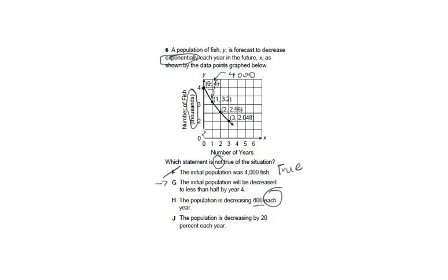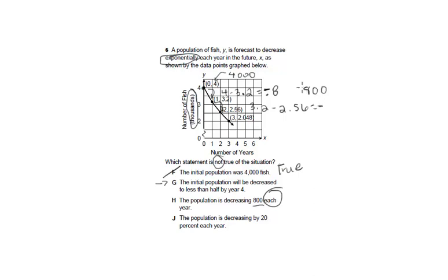So if I go from 4,000 to 3,200, remember these are in thousands, then 4 minus 3.2 is equal to 0.8, which in this case is 800. Okay, so that matches. But then if I go to the next point, I have 3.2 minus 2.56, which is, sorry, this should be negative 0.8 because we're decreasing.